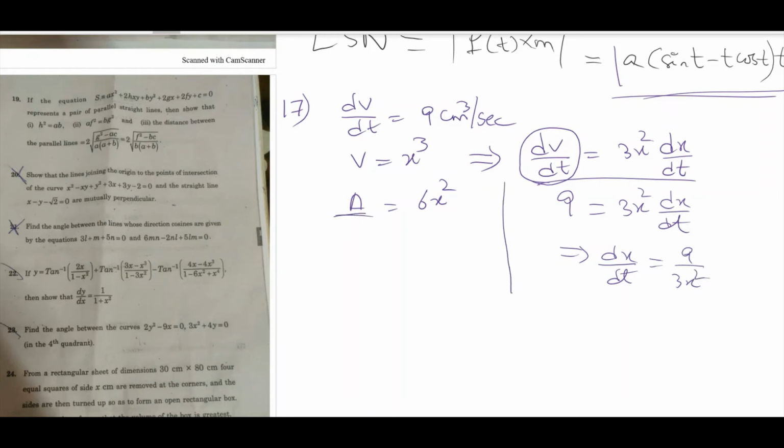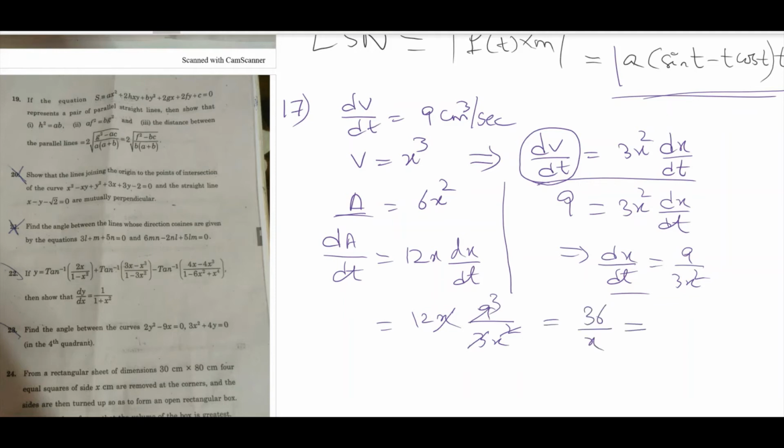Differentiating the surface area with respect to time, dA by dt equals 12x into dx by dt. The value of dx by dt is 9 by 3x square. So x gets cancelled, and this is 3 times 12, so 36 by x. x is given as 10 centimeters here.